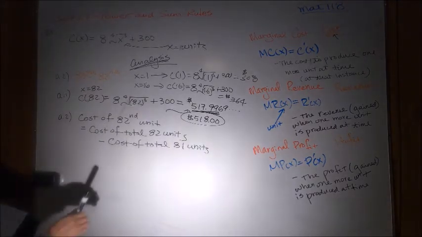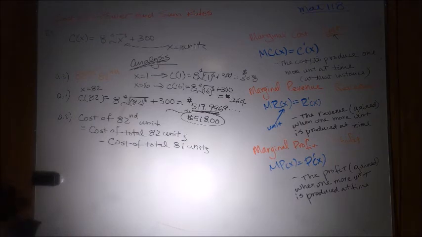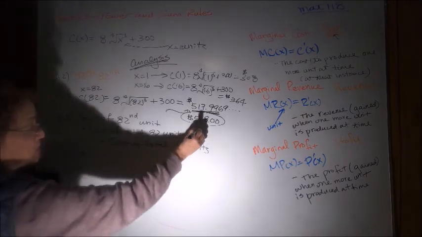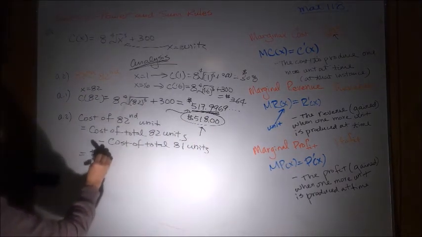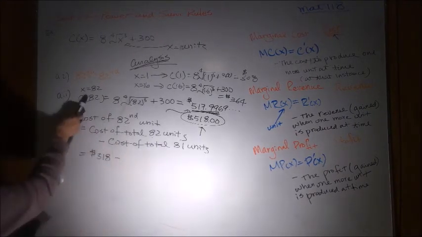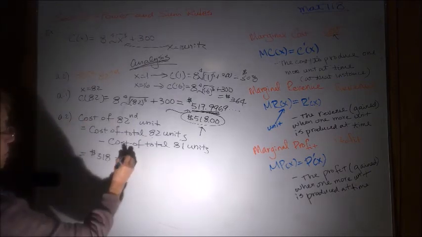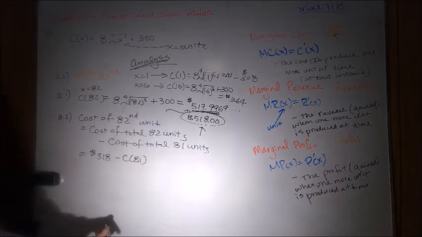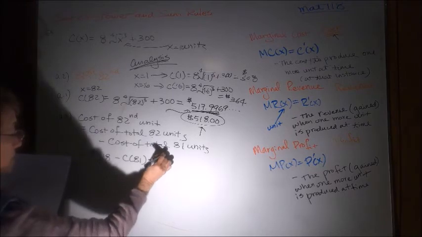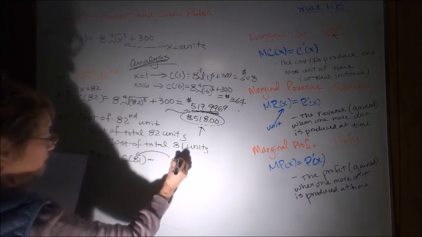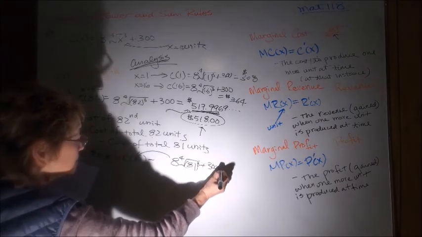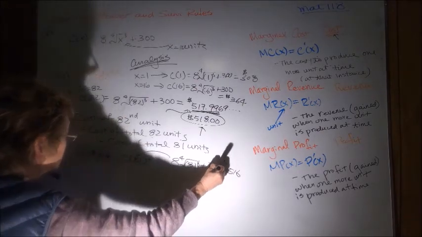The total cost of 82 units we know is $518. The total cost of 81 units is C of 81; you plug in the number, plus 300, and that would be $516.